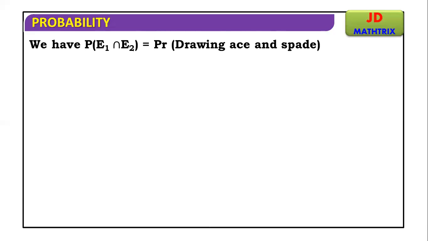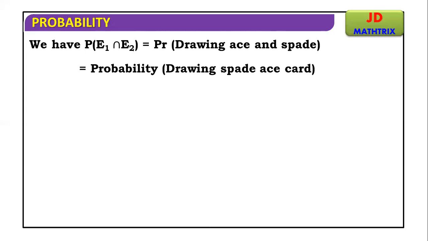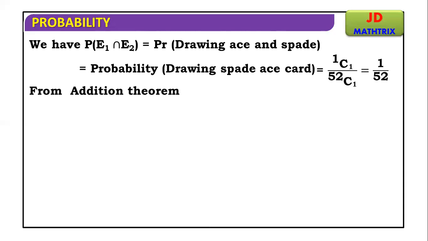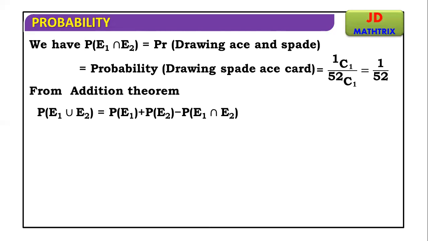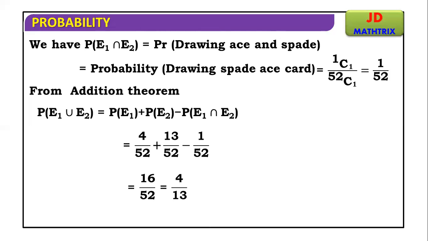That probability is 1C1 by 52C1, that is 1 by 52. So from the addition theorem, P of E1 union E2 is equal to P of E1 plus P of E2 minus P of E1 intersection E2. That is 4 by 52 plus 13 by 52 minus 1 by 52, which is equal to 16 by 52, that is 4 by 13.